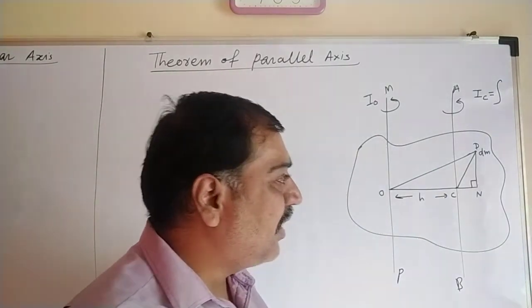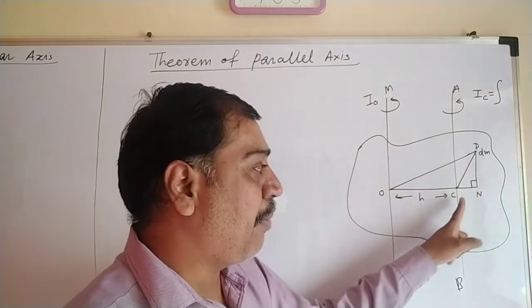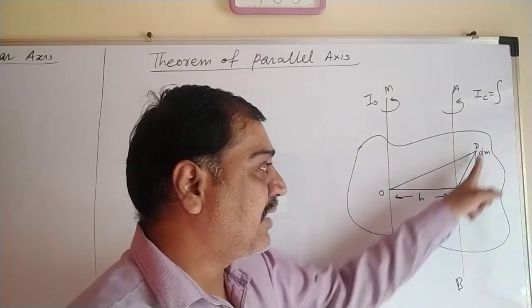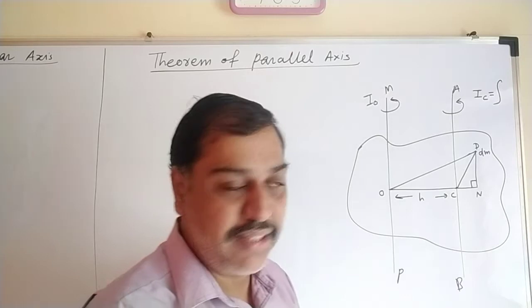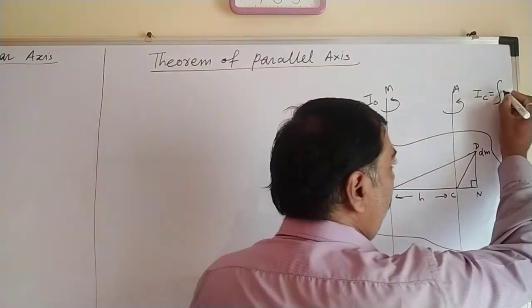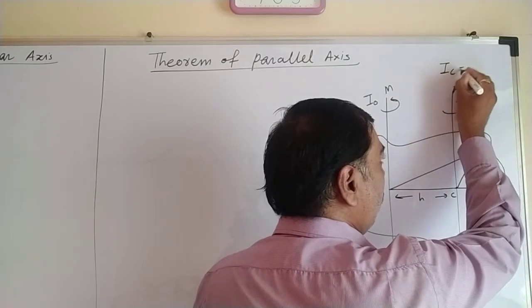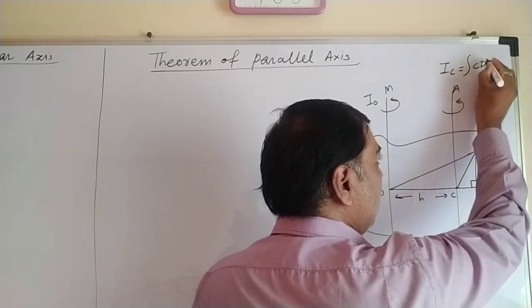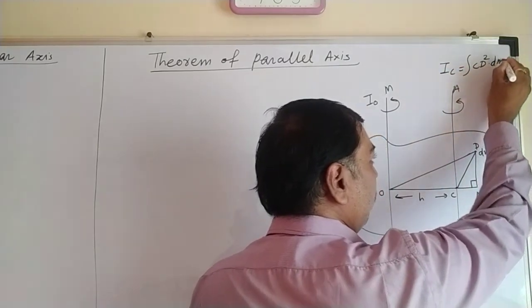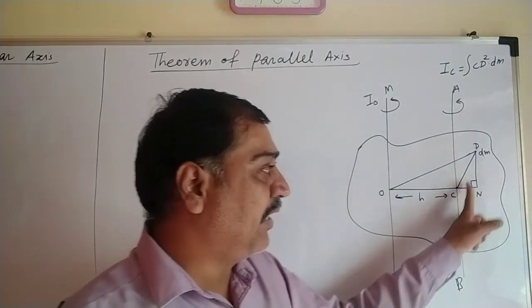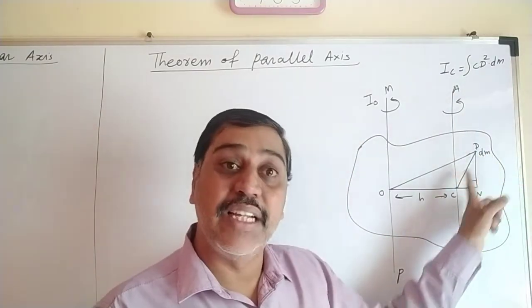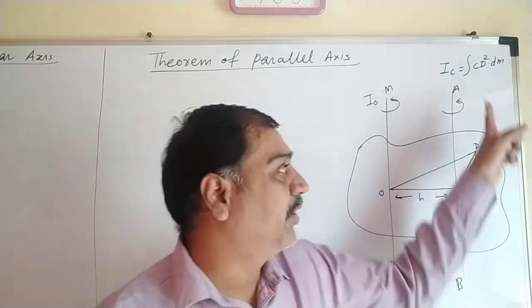What is the mass here? dm. The distance about this axis is CD. So IC equals the integration of CD square into dm, distance square into mass.